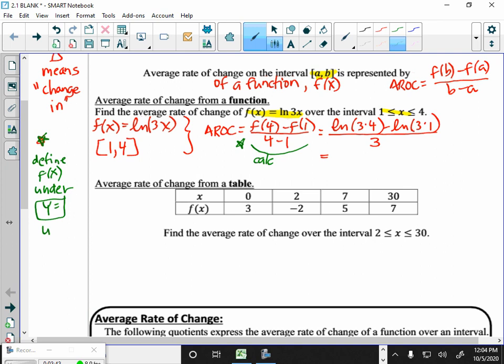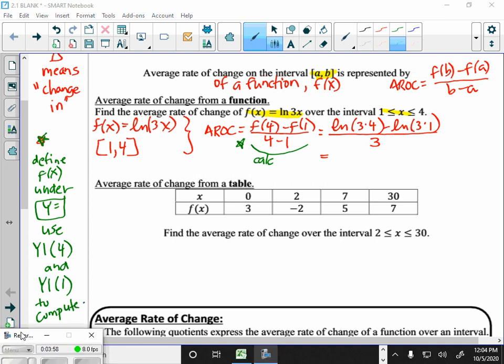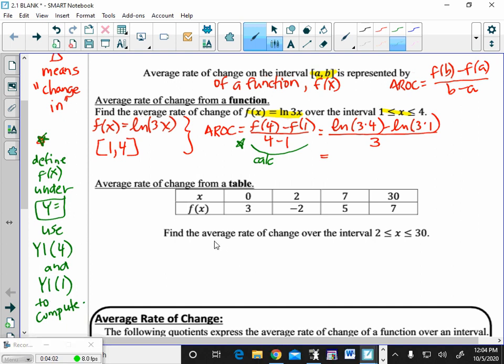And then we will use y1 of 4 and y1 of 1 to compute. And this maintains the decimals, and we don't have to worry about rounding errors. So let's go ahead and do that.